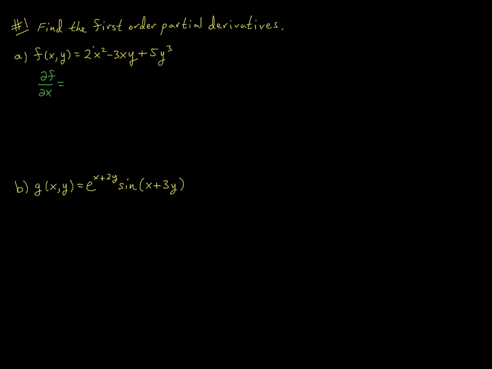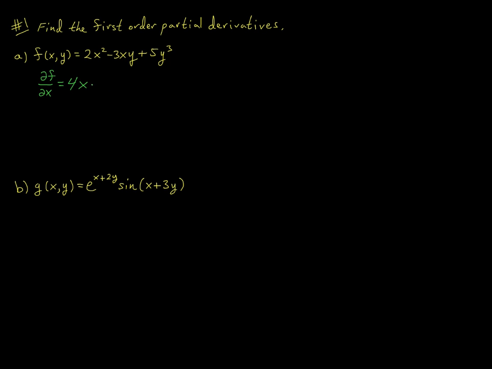So the derivative of 2x squared is just going to be 4x using the ordinary power rule. Differentiating 3xy, well, y is now held constant, so this is treated as a constant, and I have a minus 3, which is constant. The derivative of x is just a 1 with respect to x.